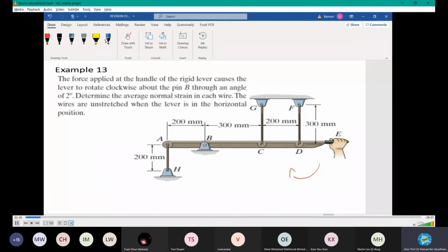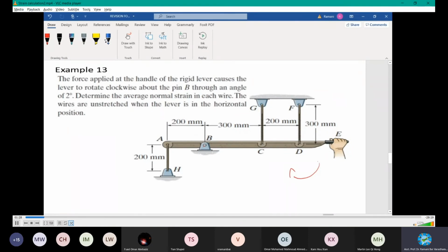You are given a support. There is a wire and this is the pin, and there is a support, the wire is hanging, and here another support at F, a wire is hanging, and there is a handle.